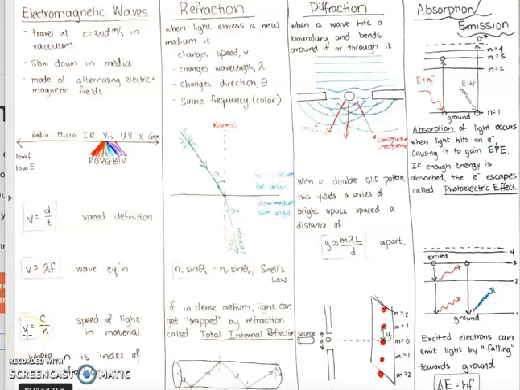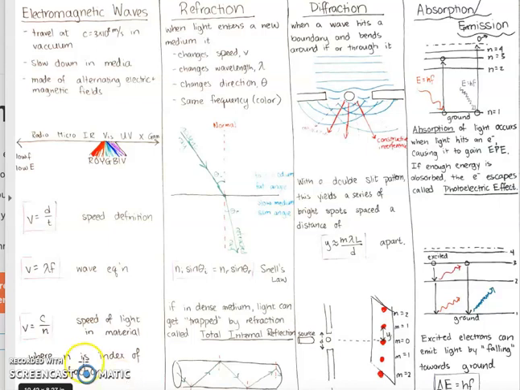We know that the speed of light in a material is slower than through a vacuum. Well, how much slower is n, the index of refraction? If you didn't get a chance to watch the Homework 10.3 key video, I do suggest to do that.